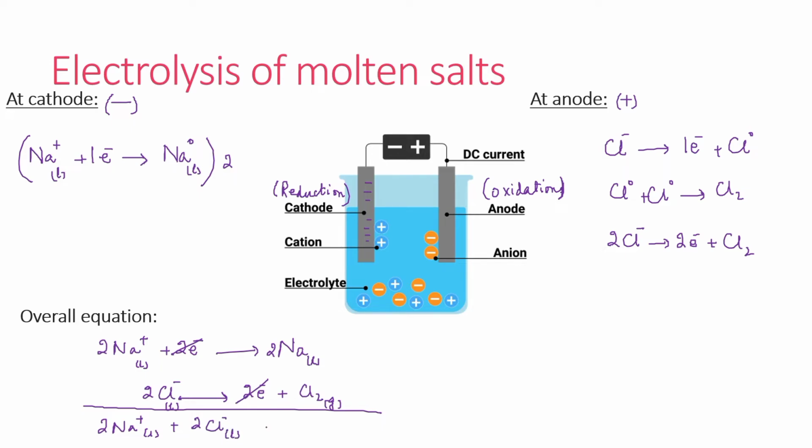As a result, the products are sodium metal, and chlorine gas would be formed at the anode.